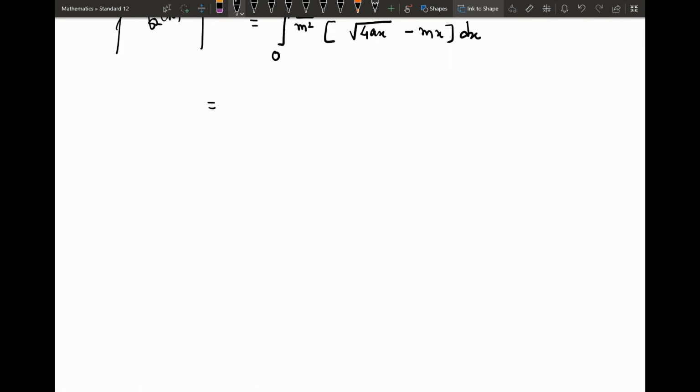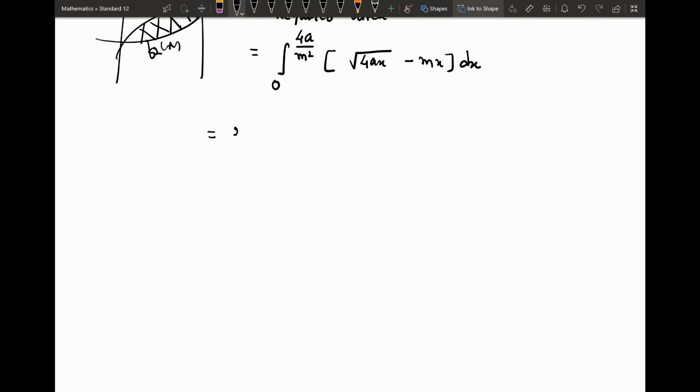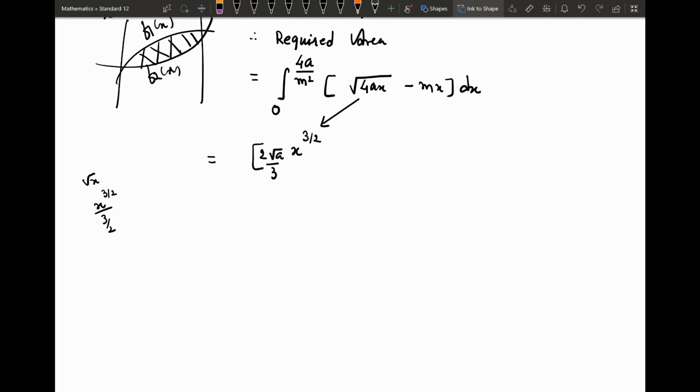So this is 2 root ax, so 2 root a times the integration of root x, x raised to 3 by 2 upon 3 by 2, so 2 by 3 x raised to 3 by 2. The square root of 4 is 2.